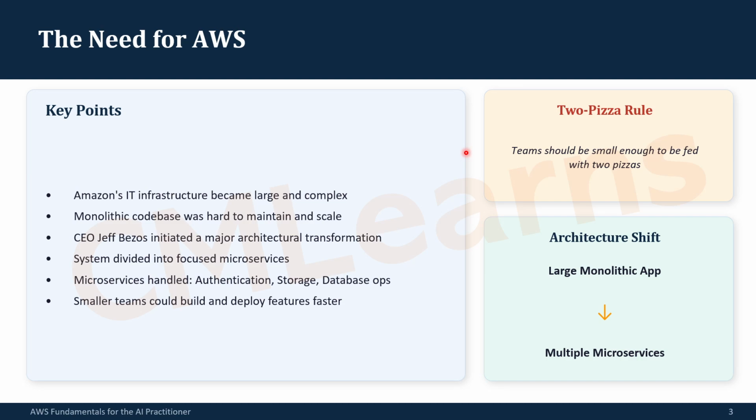The individual teams can focus on that service only and give the maximum output from it. So the actual shift was from a large monolithic app to multiple microservices, with a platform that shares these services, and that was the start of AWS.